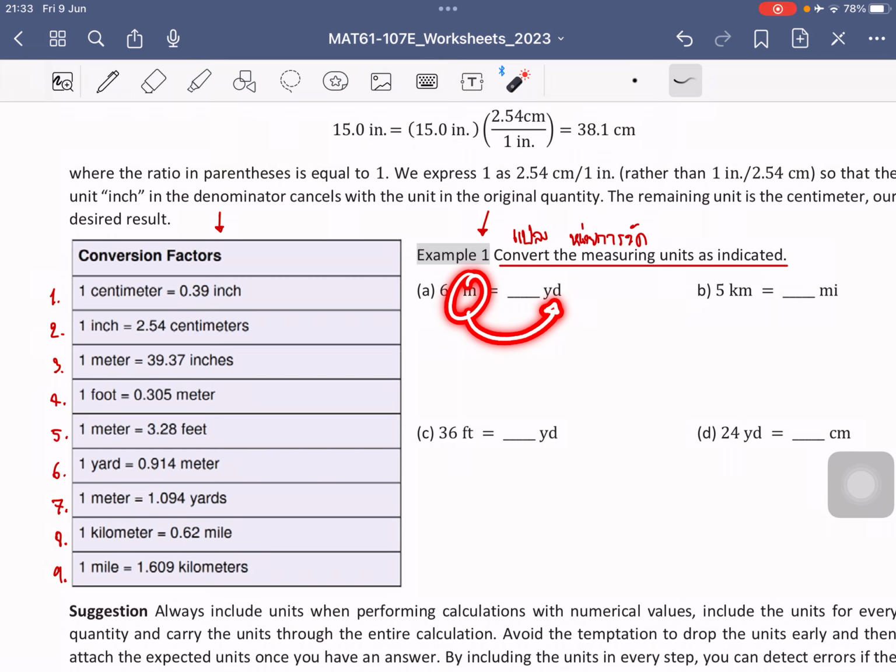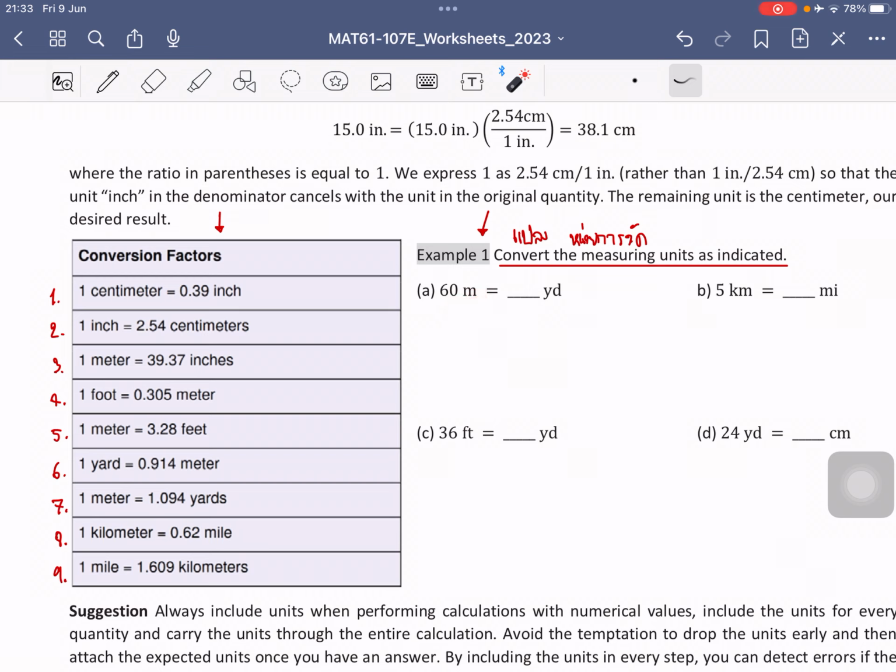to yard. So from meter to yard, which line should we look at? The first row is from centimeter to inch, the second row from inch to centimeters, and row 5 is from meter to feet. But now you want to change from meter to yard, right?